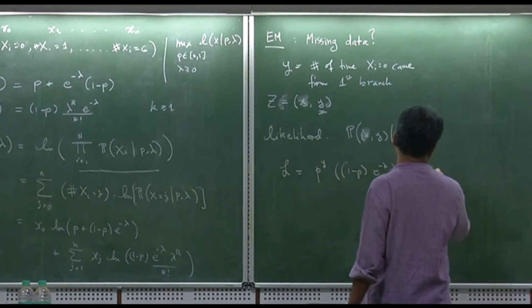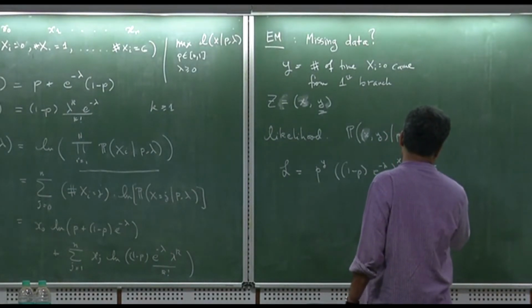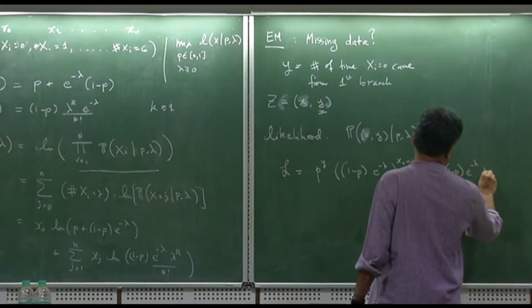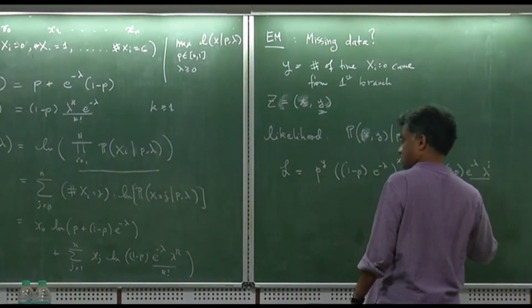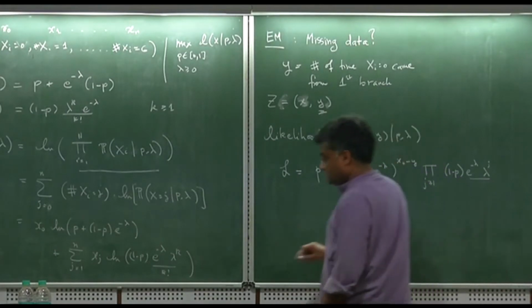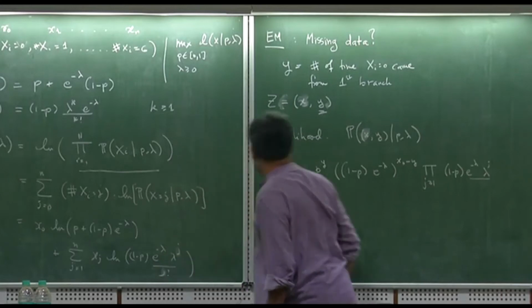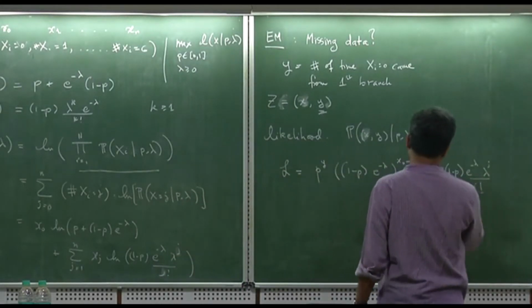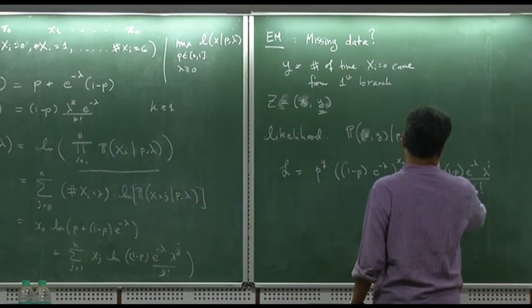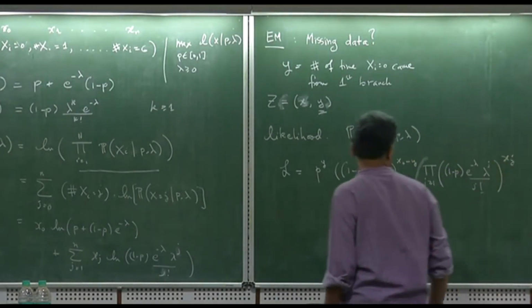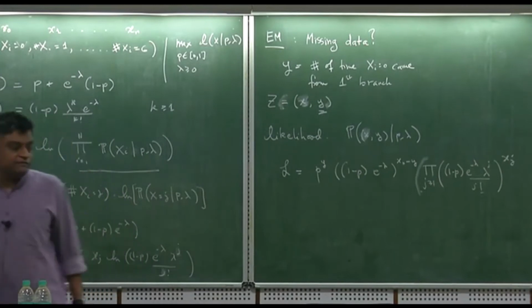It's going to be the product over j greater than or equal to 1 of 1 minus p e to the minus lambda, lambda to the j over j factorial, the whole to the power xj, because for them I don't have any confusion.